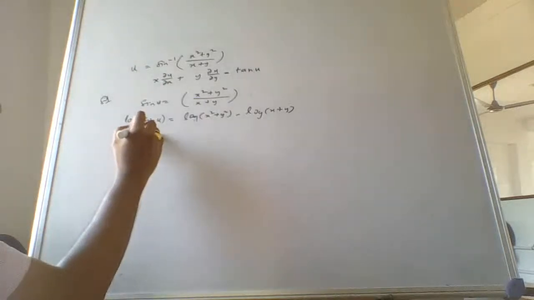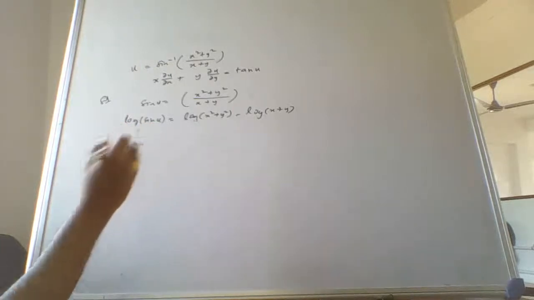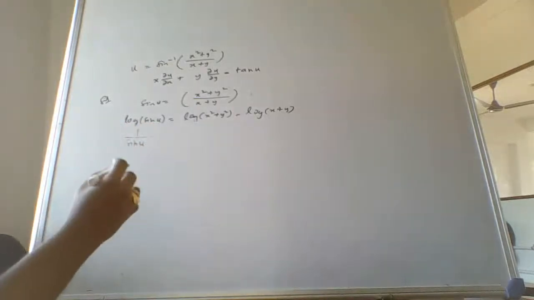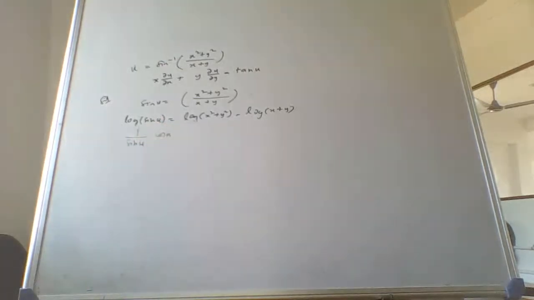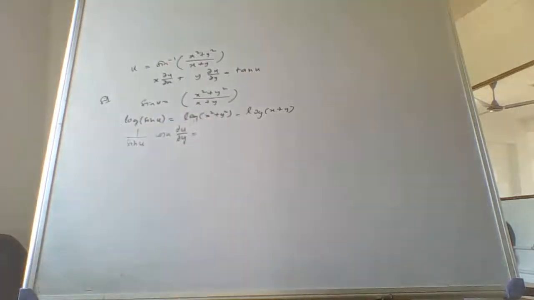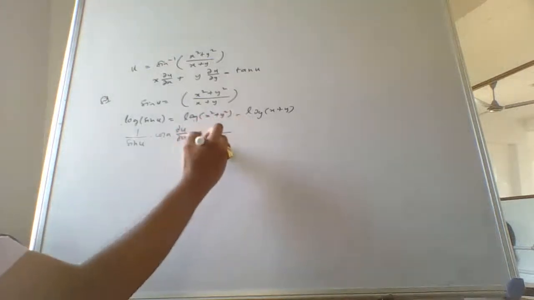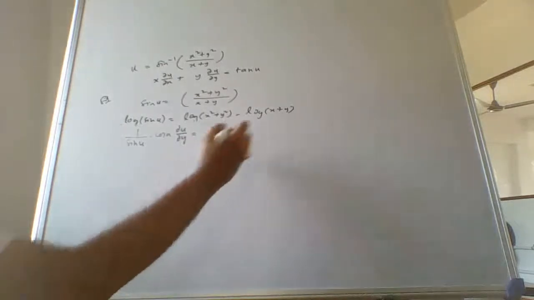So I get 1 by sine u, and this would be cos u, and this would be dou u by dou y. Again partially differentiate with respect to y, I get 1 by x square plus y square, and this would be 2y.